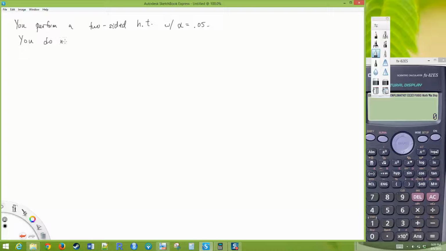You do not reject the null hypothesis. So this is the setup. I've provided you with no data other than this information. Now I'm going to ask you a few questions.